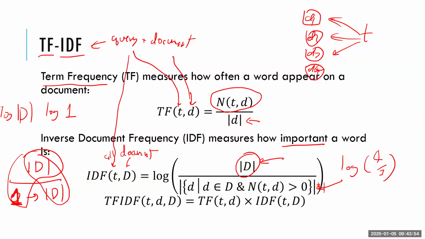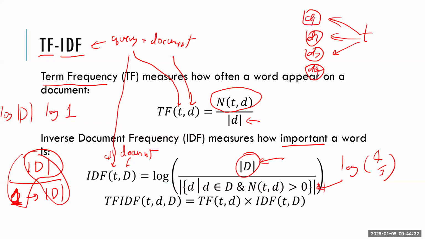So if it's 1, you get this score to be 0. It means that this word is not important. What kind of word is not important? The word that appears in all of the documents. If this word appears in all documents, you should not consider it, because it doesn't tell you which document is better. It's everywhere. Everyone uses it.